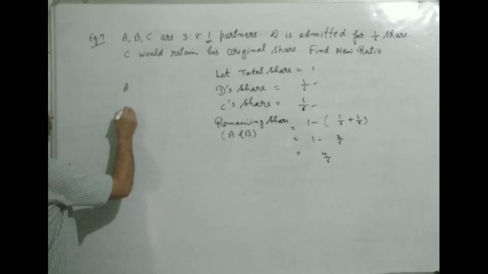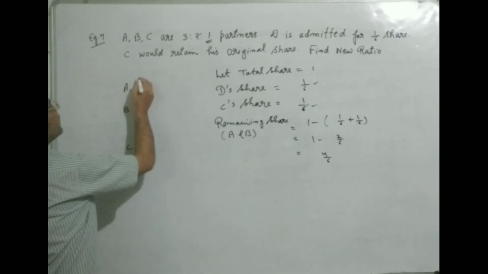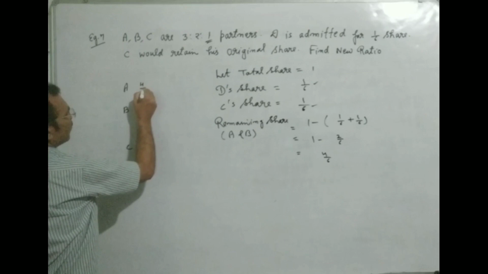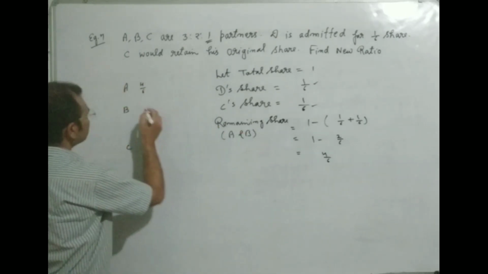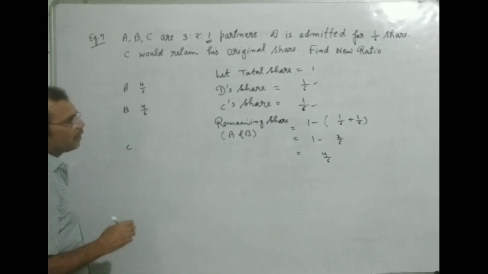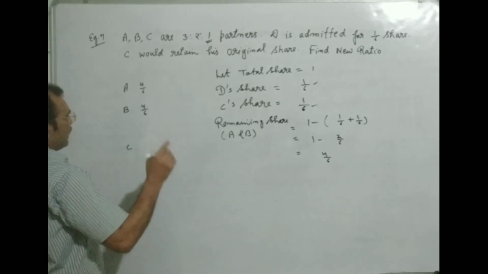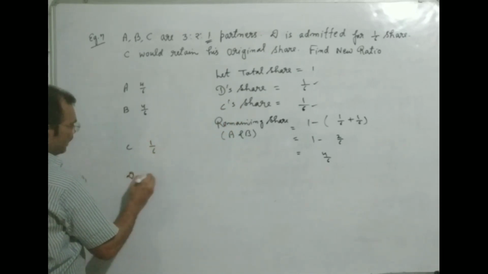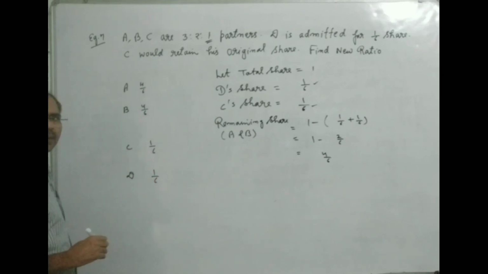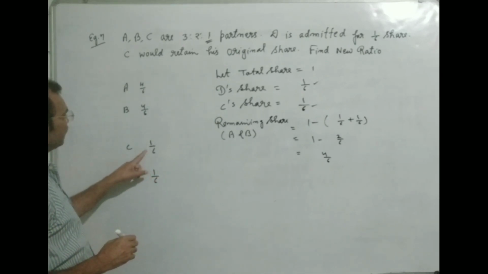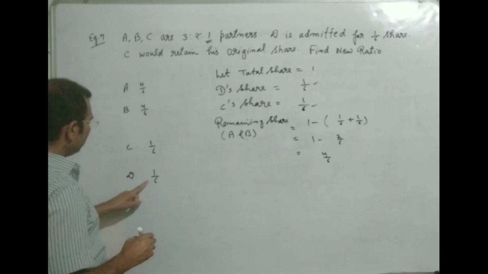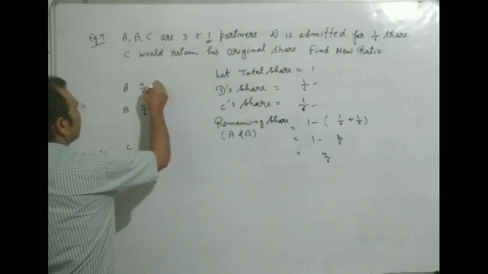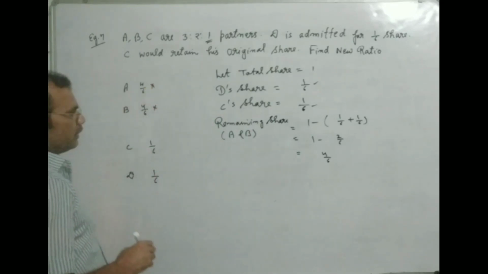So we will write the question: A, B and C. A's part and B's part we will have to find out. First of all, we will write this 4/6 in front of A and B. C's part is unaffected, so we write 1/6 in front of C, and D's part is given in the question as 1/6.